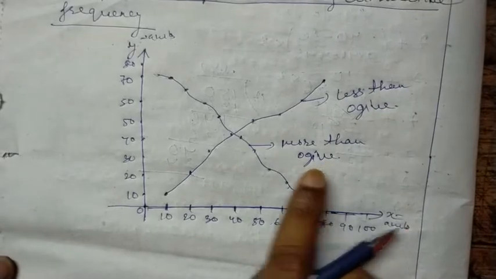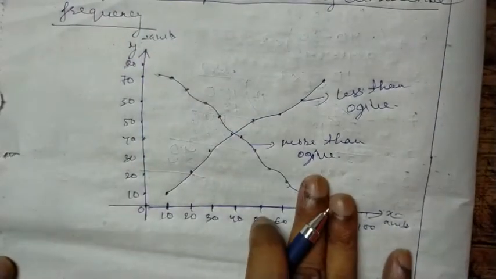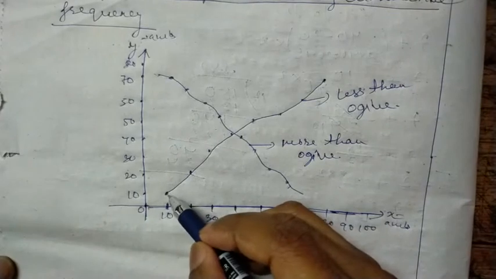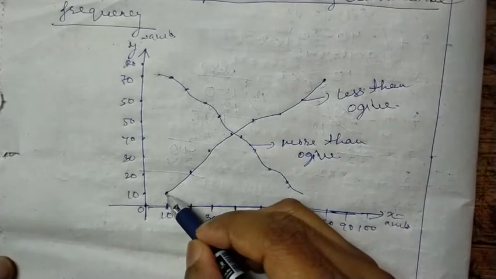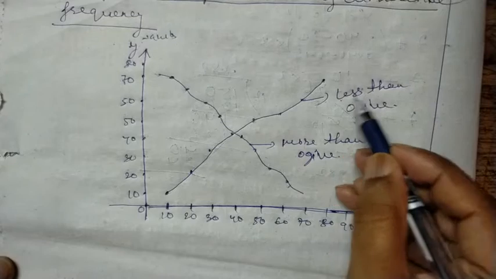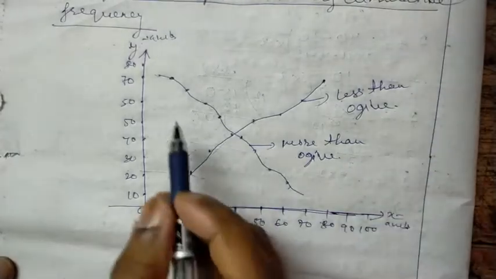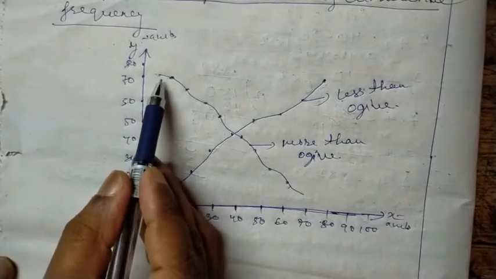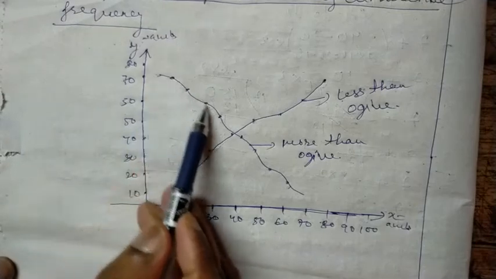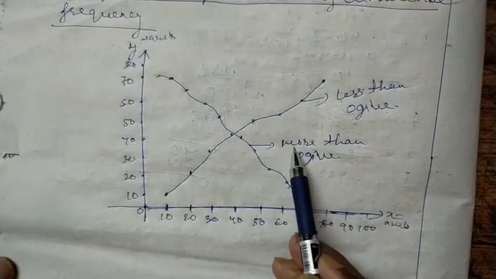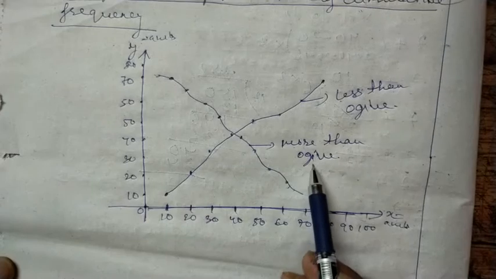Are you getting me or not? On a graph paper, if the graph moves from lower to upward, it will be called a less than ogive. If the graph moves from upward to lower, it will be called a more than ogive.